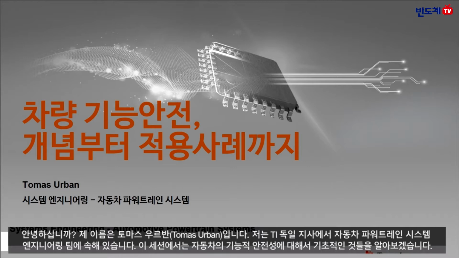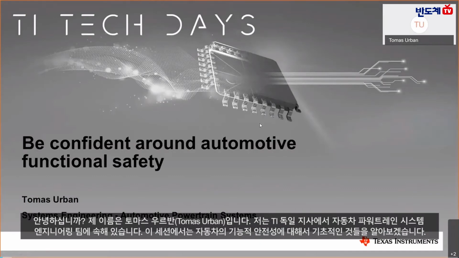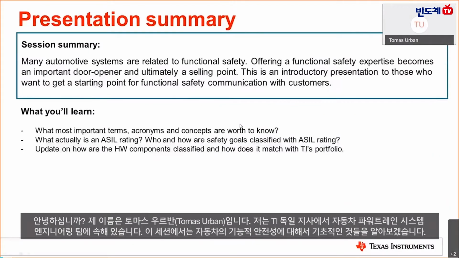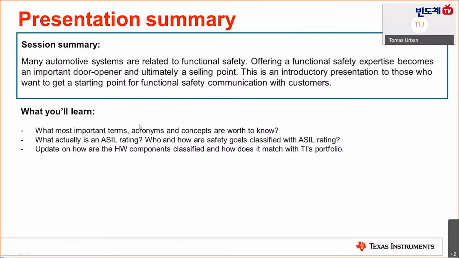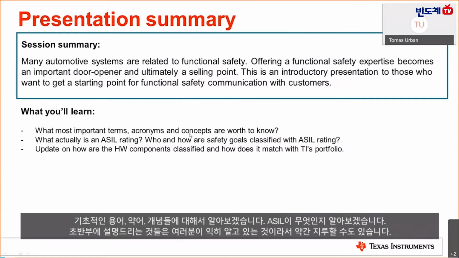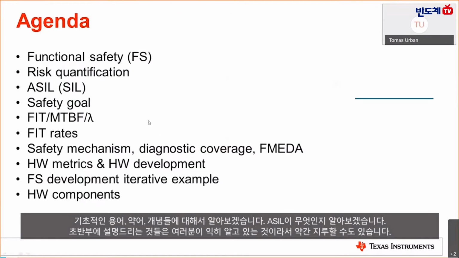I'm a member of a systems engineering team for automotive powertrain systems based in Germany, and I'd like to talk about some basics of functional safety for automotive. What you learn is some terms, acronyms, concepts, what is an ASIL, and so on.